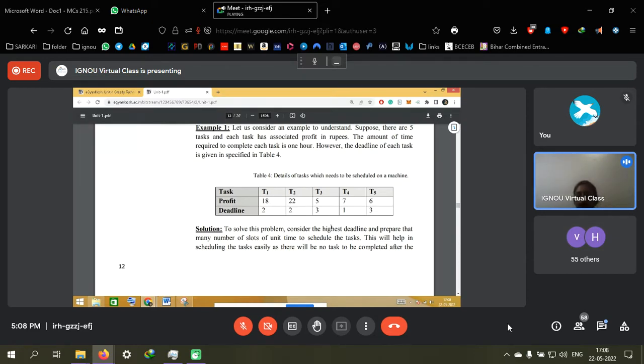The amount of time required to complete each task is 1 hour, right? The deadline of each task is given in this table. Whenever we have to solve this problem, consider the highest deadline and prepare that many slots of unit time to schedule the tasks, right?